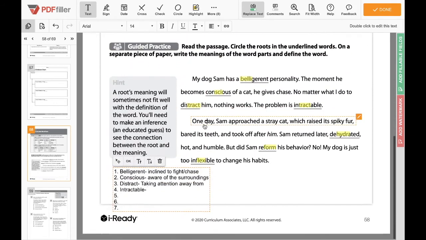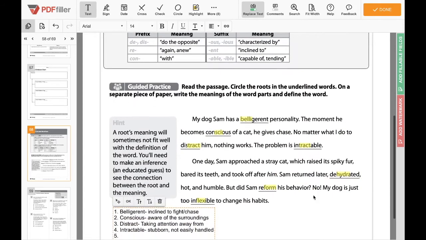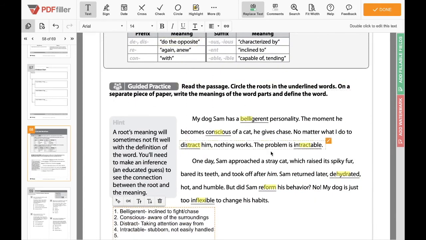So we could say it's maybe stubborn or not easily handled. So just because it's not up on this chart doesn't mean it's not a prefix or a suffix. In often means the opposite, just the same way that de or dis does.